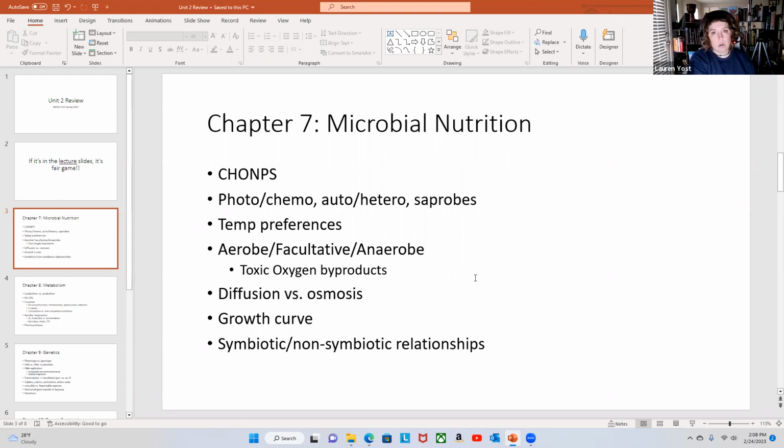So the psychro stuff deals with the cold. The thermo stuff deals with the hot. The meso is the stuff in the middle. We have the psychrophiles that have to live in the cold. They are adapted for the cold specifically. And then we have the psychrotrophs that can live in the cold, but they would prefer to be more in the meso territory.